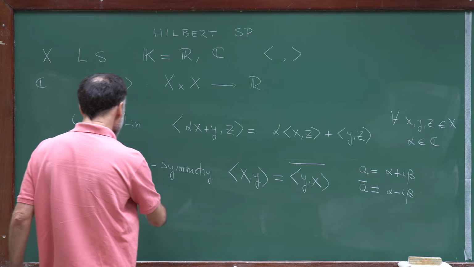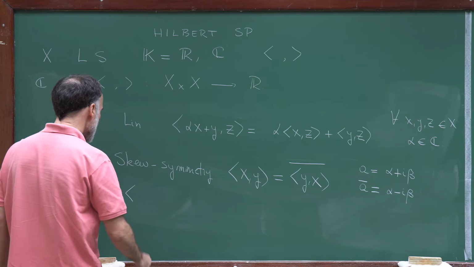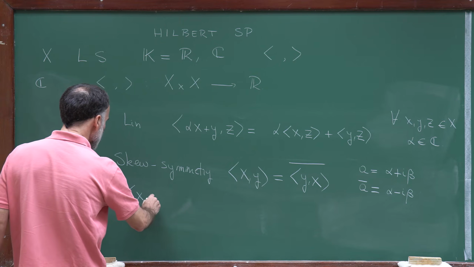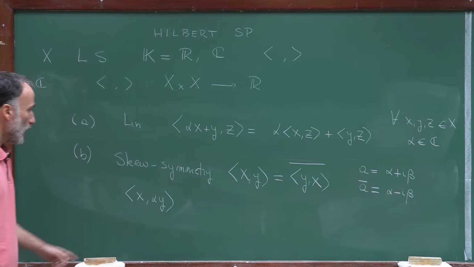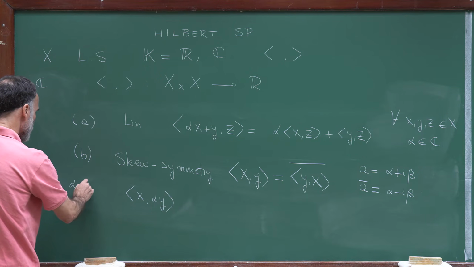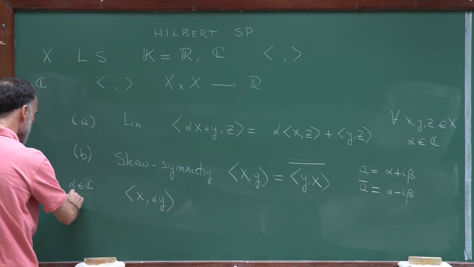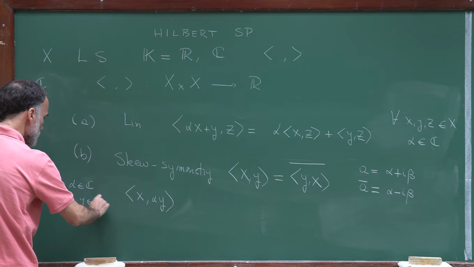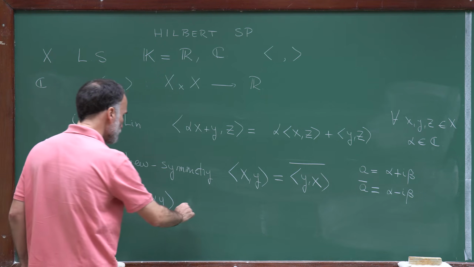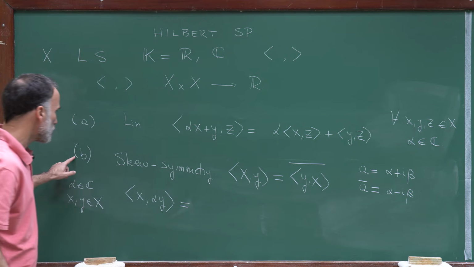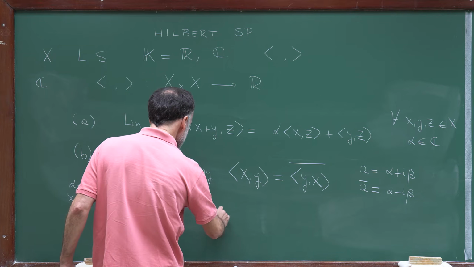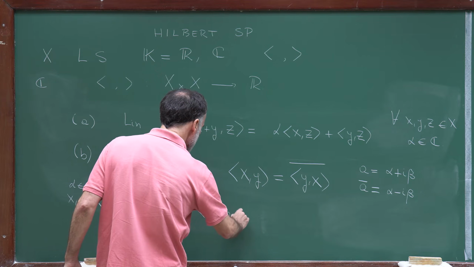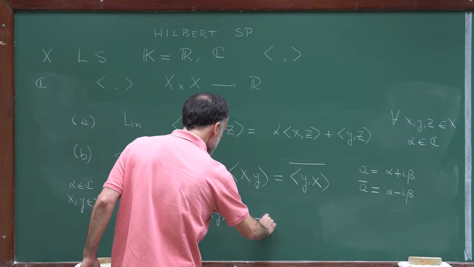And now observe that if you have (x, αy), where α is a complex number and x and y are elements of our linear space X, well by property B this is skew symmetric, so this means that this is equal to the conjugate of (αy, x).